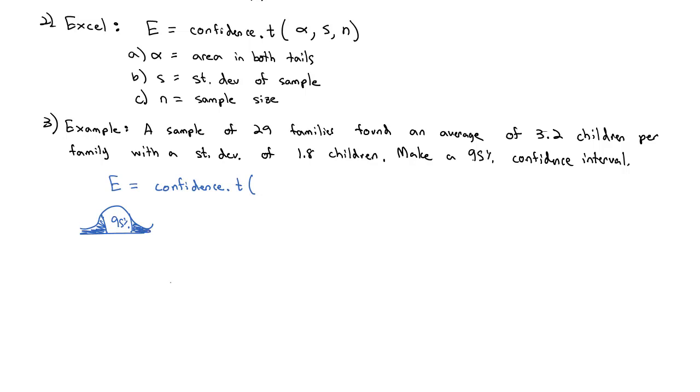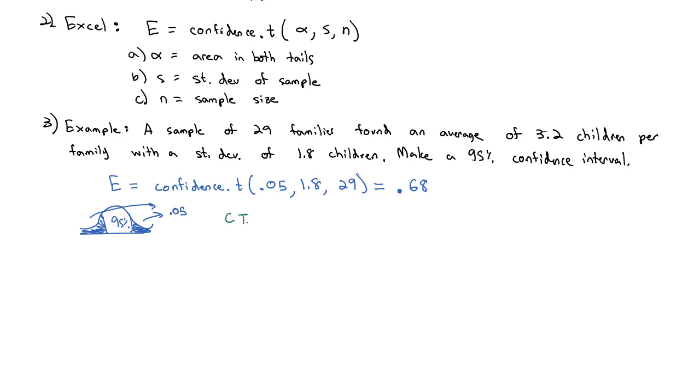If there's 95% inside, outside together is 0.05, or 5%. So 0.05 for the outside, comma, the standard deviation of 1.8 children, comma, and my sample size of 29 families. And when I do this on Excel, Excel is going to give me a value in error of 0.68.